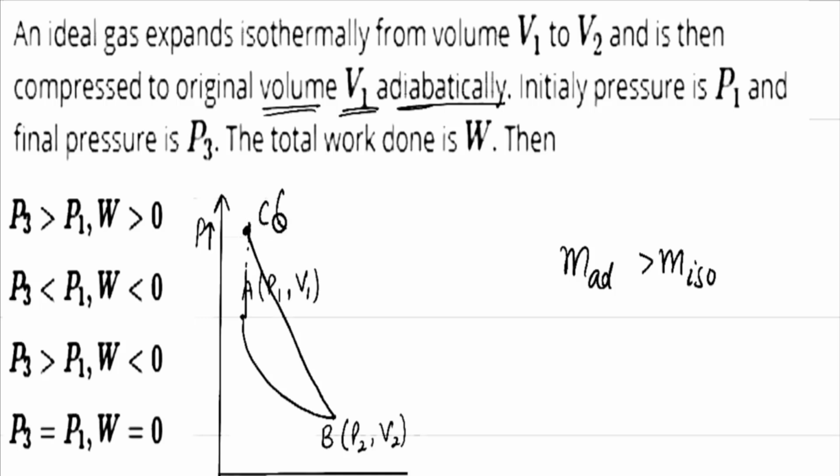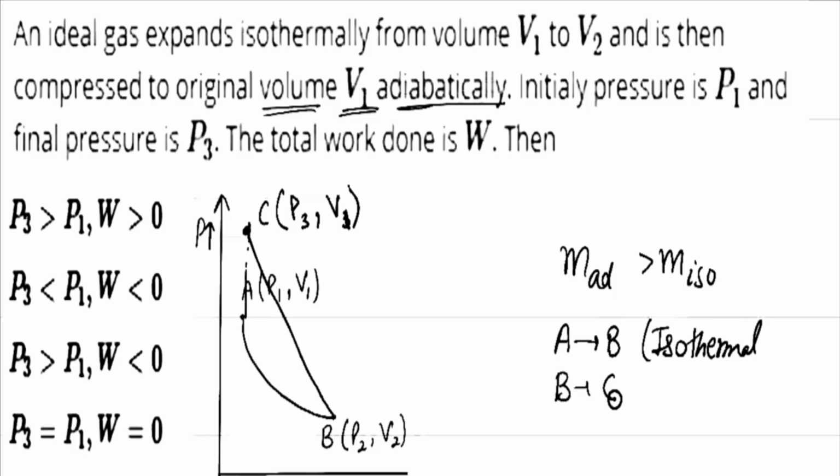This is point C. Here the pressure is P3 and volume is V1. The process A to B is an isothermal process and the process B to C is an adiabatic process of greater slope.